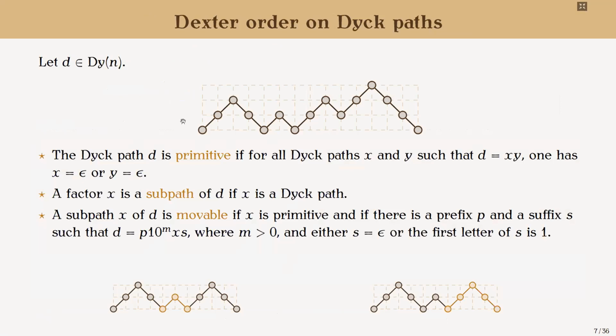So a Dyck path is simply a path with up steps and down steps that we can denote by 1 and 0 for the down step.